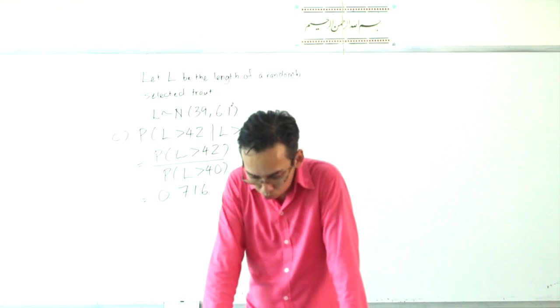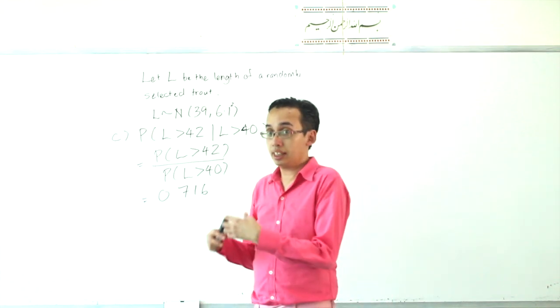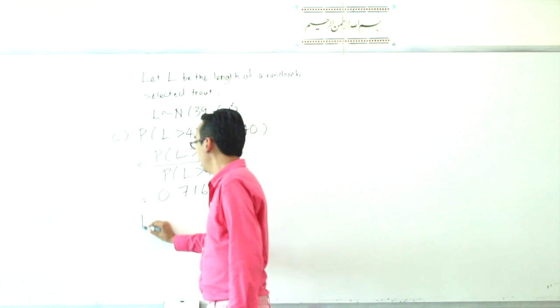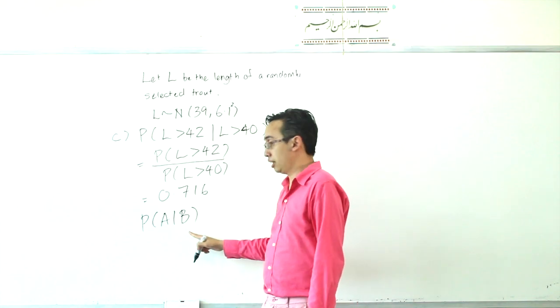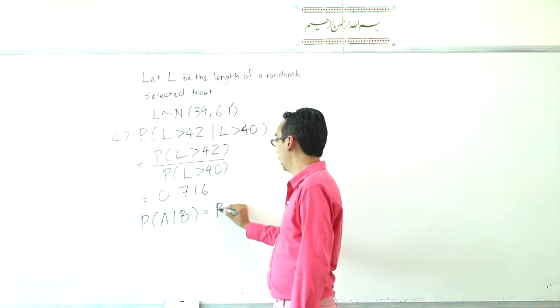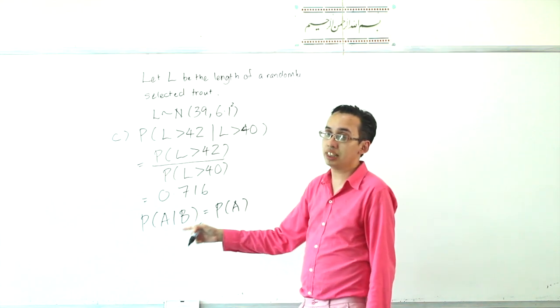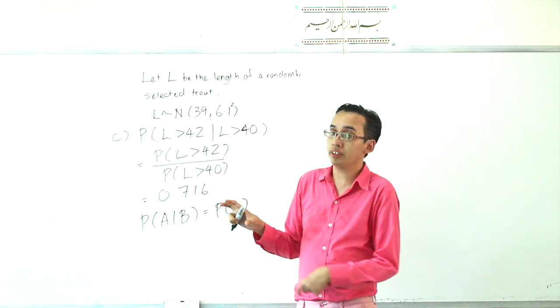Now we attempt part D. Determine if the events L more than 42 and L more than 40 are independent. Recall that for events to be independent, there are a few things we can use. One of them is that if A and B are independent, the probability that A happened given that B has happened will equal the probability of A. That means B will not change the probability of A in any way.